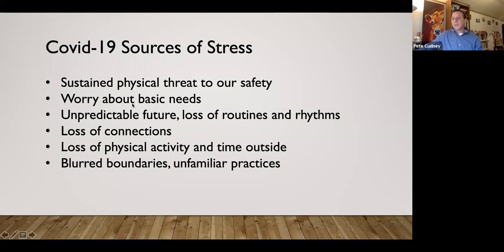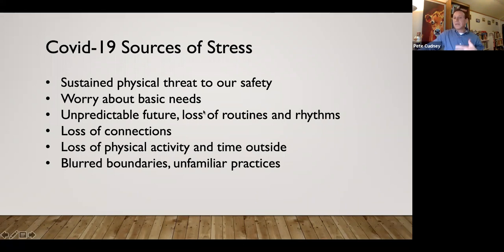We may be worried about basic needs, right? In the first days and weeks of quarantining, people were worried enough about basic needs that they were taking all of the toilet paper off the shelves. They were buying all of the canned goods. And that was really a dysregulated, hyper-aroused, hyper-vigilant stress response to worry about basic needs.